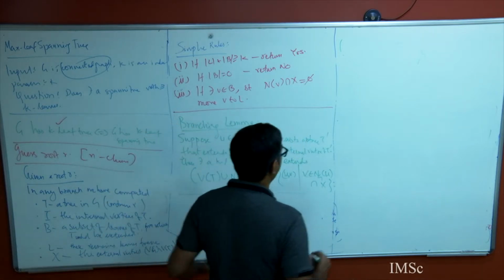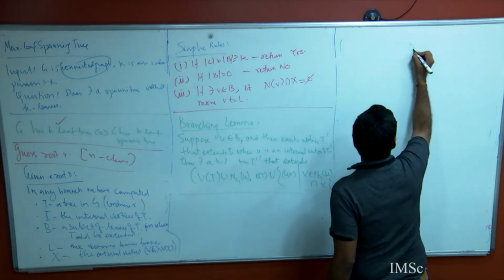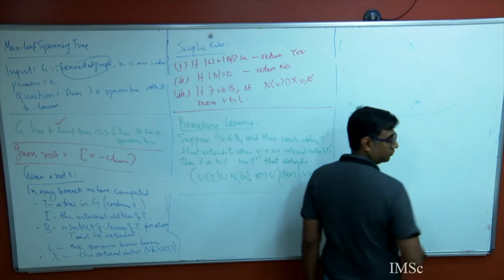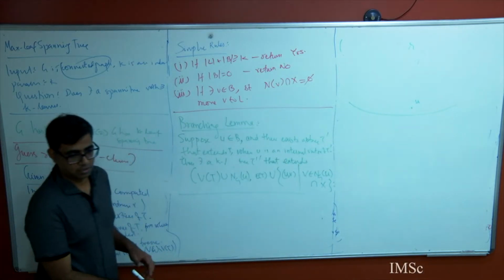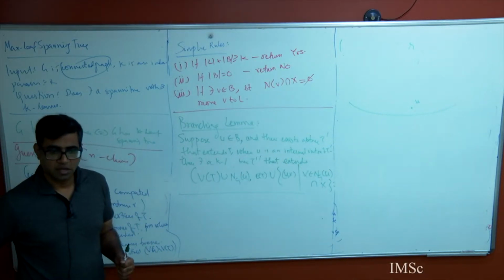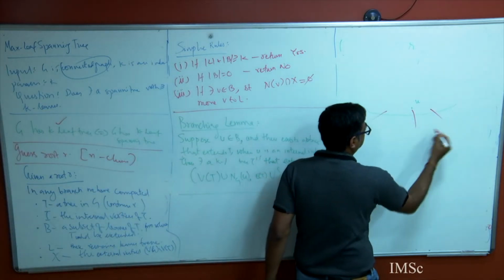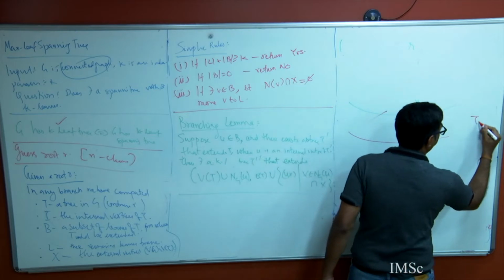So what does this tell us? It tells you that suppose I have a root R and a tree here, and a vertex U, and there exists a K-leaf tree that extends this to T prime.